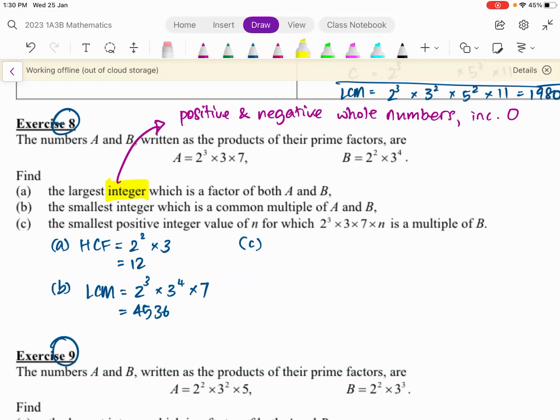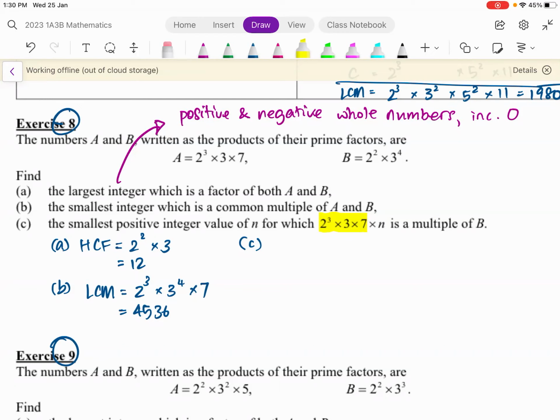What do you notice about this number here? 2 power 3 times 3 times 7. What is this number? Do you notice? It's A, right? Come on, guys. This is just A. The highlighted part is just A. But they multiply by n, isn't it?